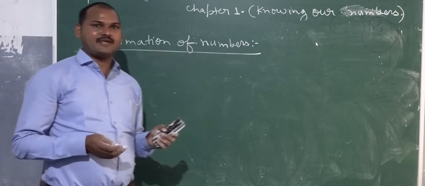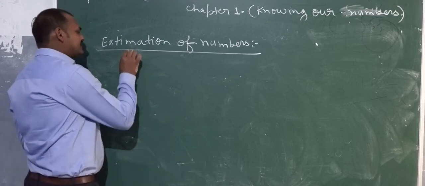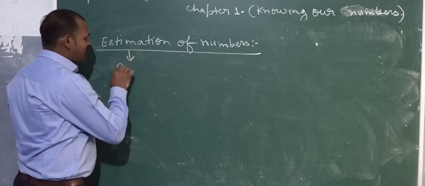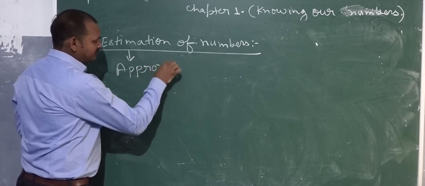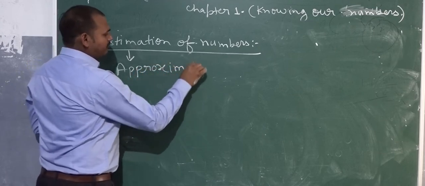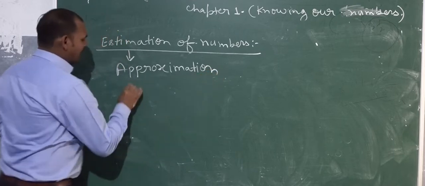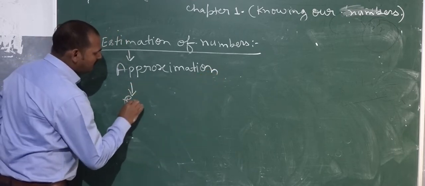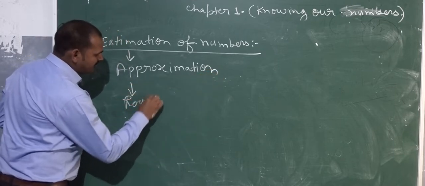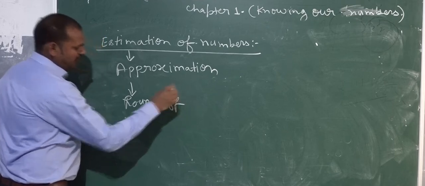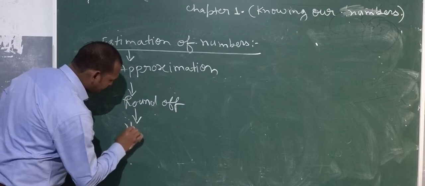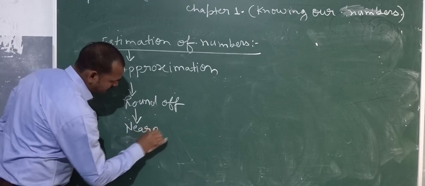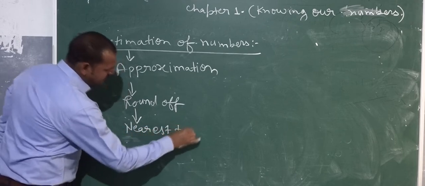What is estimation? Estimation is just said as approximate value or approximation. Another name is round off. Another is nearest to.